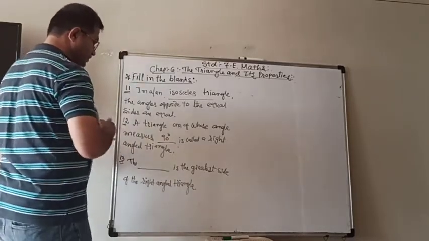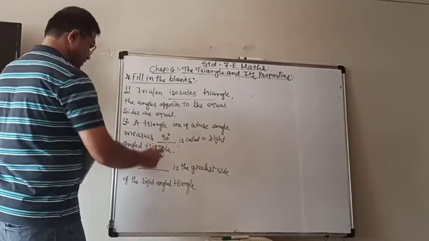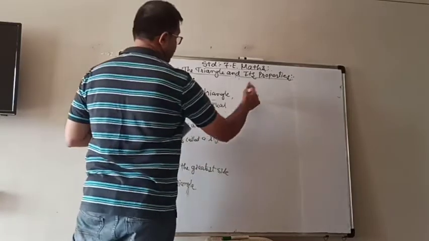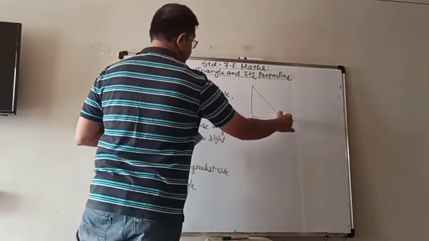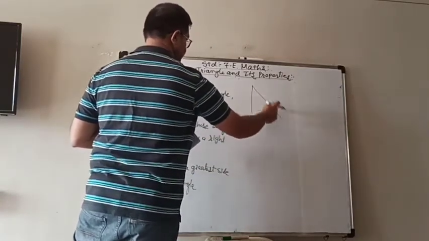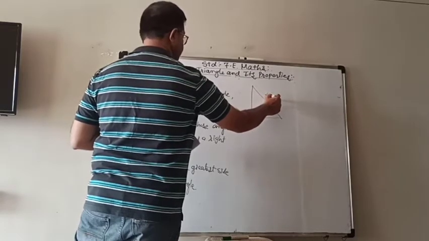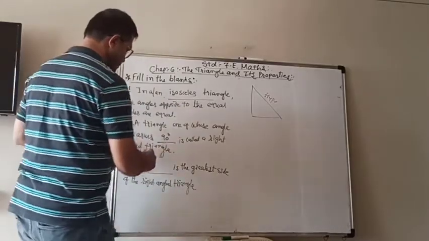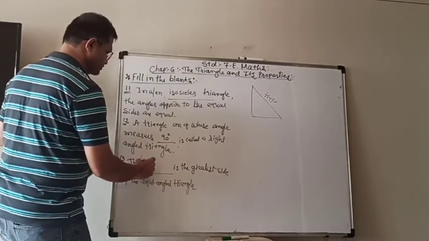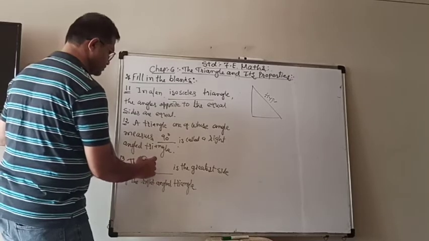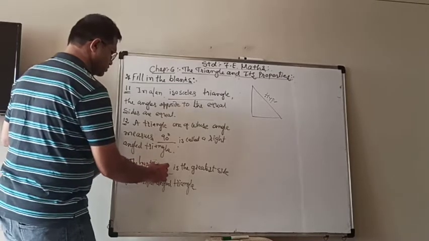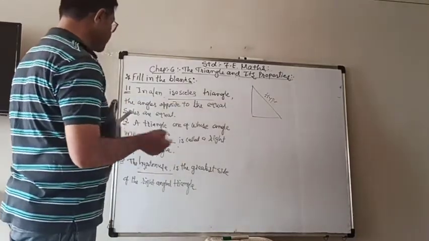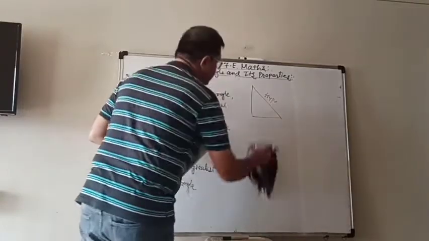We already learned about it that in a right angled triangle, this is the longest side and it is known as the hypotenuse. So your answer is the hypotenuse. So the hypotenuse is the longest side of the right angle triangle.